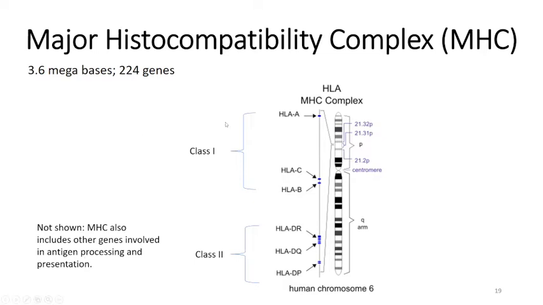So anyway, the class 1 MHC molecules in humans are called HLA-A, B, and C. The class 2 molecules are called HLA-DR, DP, DQ. HLA-A, B, and C are class 1, and DP, DQ, DR are class 2.